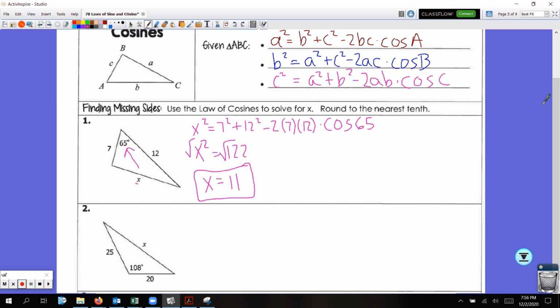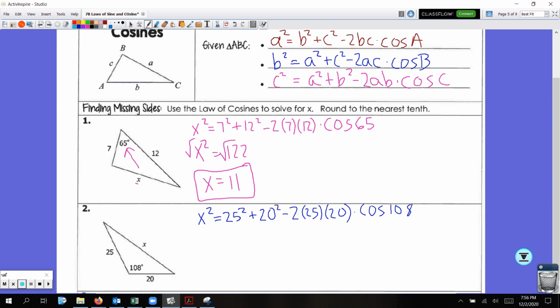Now, you see the side you're looking for. You're looking for x, so that's the side I start with. So x squared is equal to 25 squared plus 20 squared minus 2 times 25 times 20 times cosine of 108. This is where you get out your fancy little calculator and plug that bad boy in.